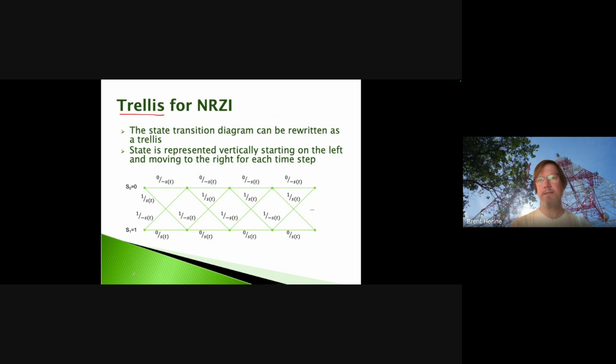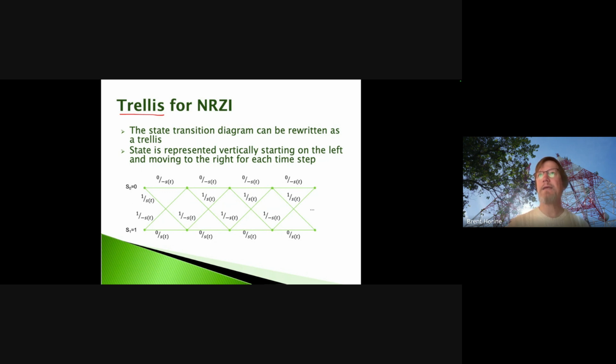We can keep adding states below it, and when we get to discussing the Viterbi algorithm, we'll use this type of trellis here. But the important thing is that it's just being rewritten as a trellis.